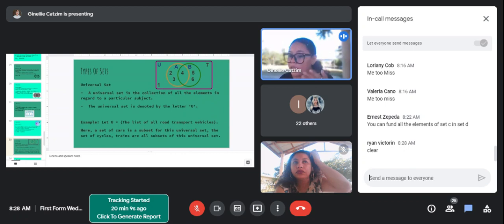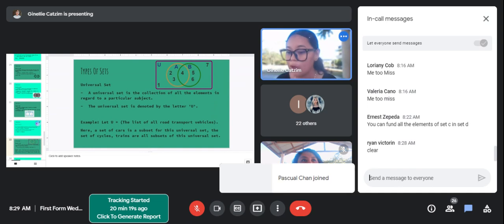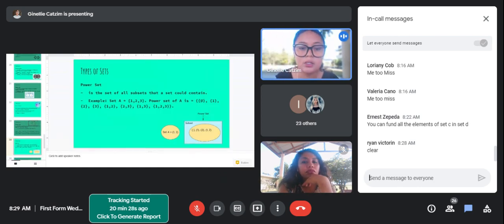However, we could subdivide it into subsets, right? Because we can find the subsets of that, we also know that it is U, the universal set, because it entails everything, right? So it is a collection of all the elements in regards to a particular subject.